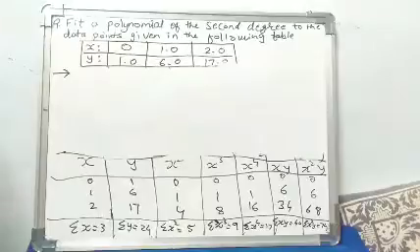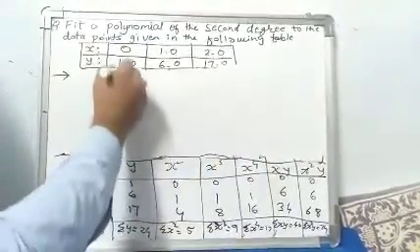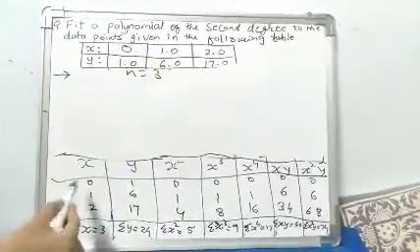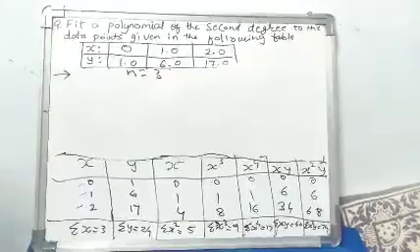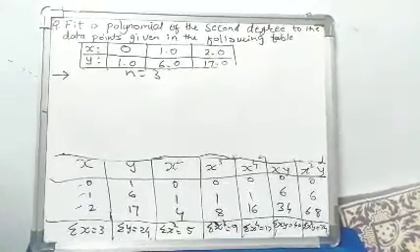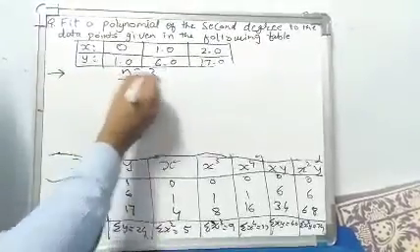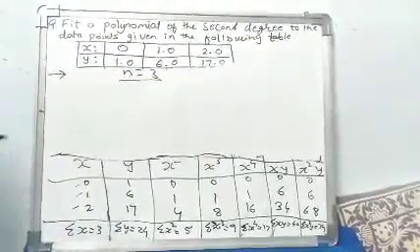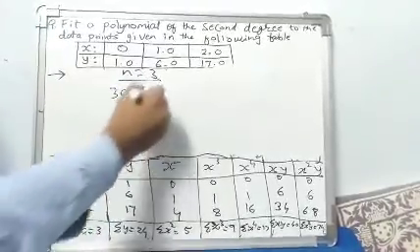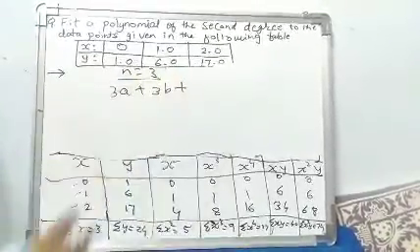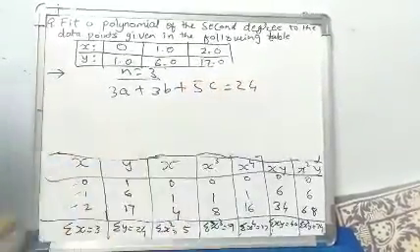Now let us use all these values. Here the value of n is equal to 3, because the count is 1, 2 and 3. So using the values from the table, the normal equations become: 3a plus 3b plus 5c equals 24.